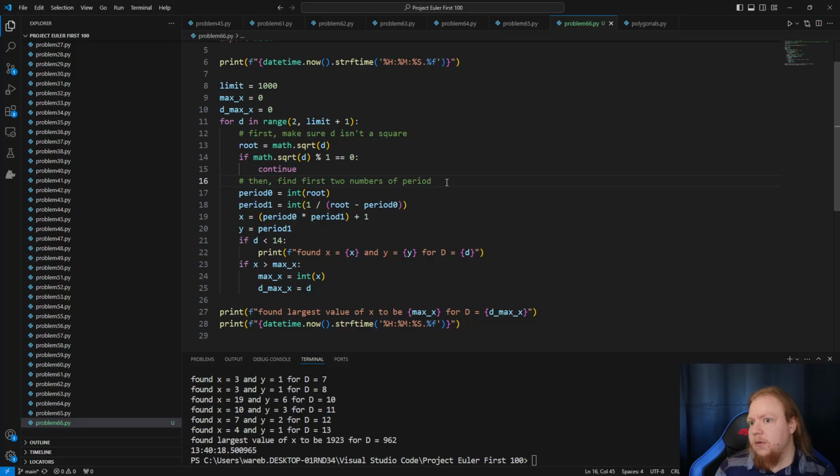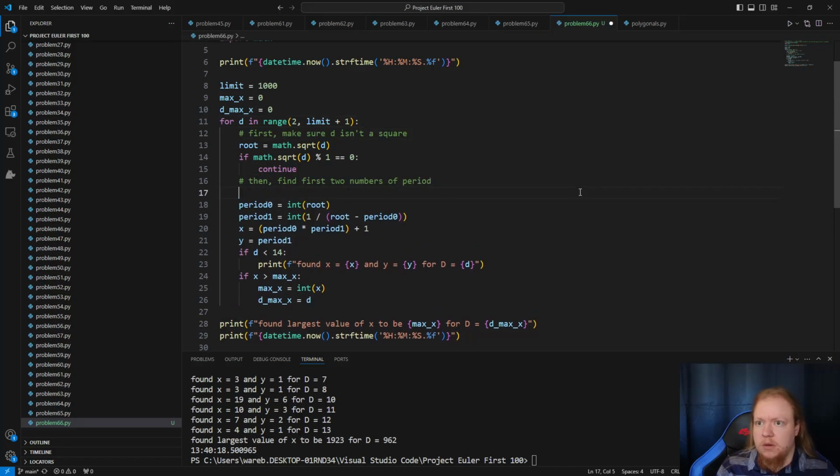Okay, so d, let's see. X is equal to, and let's convert y squared into some other variable right now.